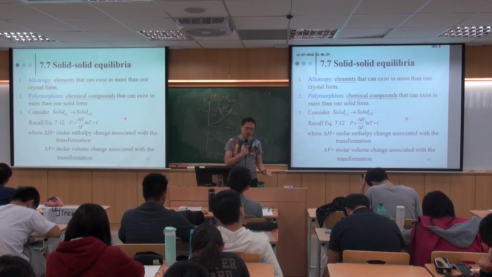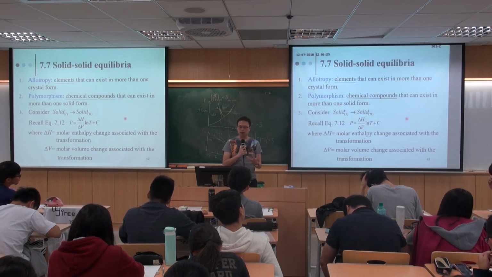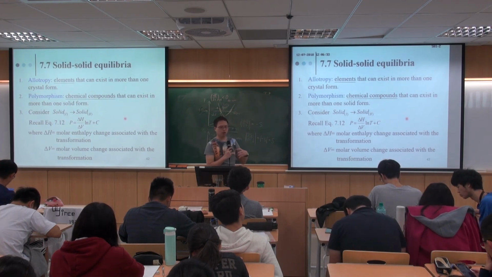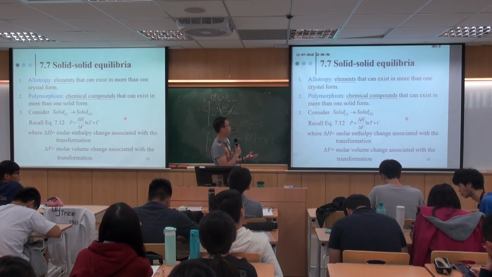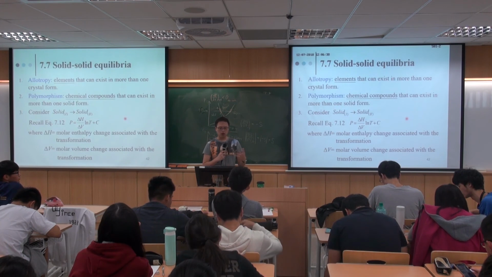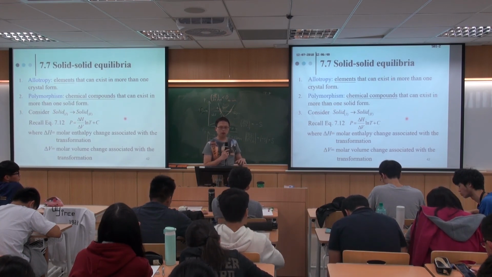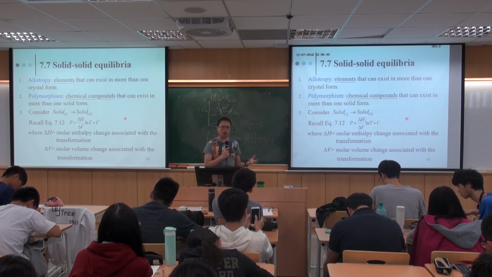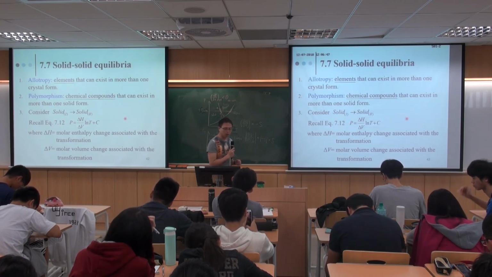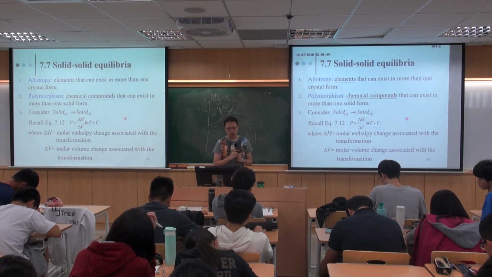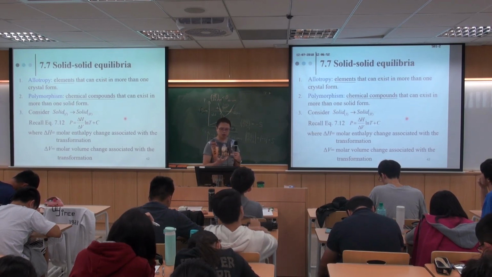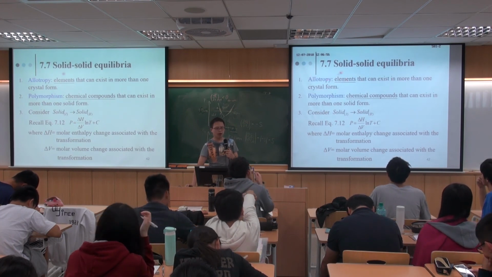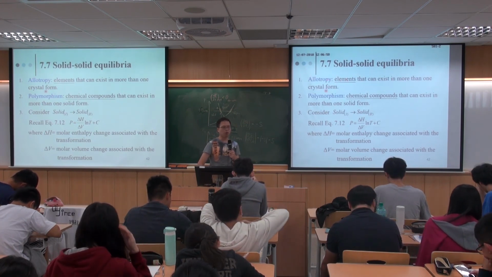For instance, if you're dealing with just single atoms, let's say tantalum, typically you'll have different kinds of phases like amorphous and crystalline. Even for the crystalline phase, you could have BCC or FCC structures, depending on the pressure and the temperature of your system. So if you're dealing with single elements, you still can have different kinds of crystal forms. So allotropy means that you have elements that can exist in more than one crystal form.